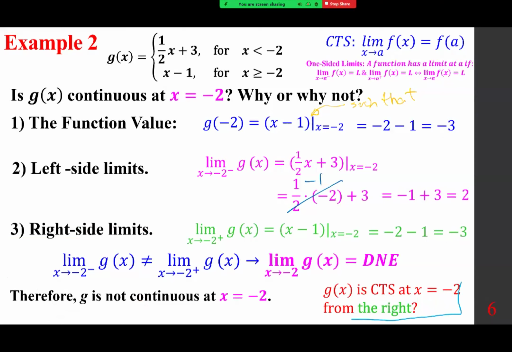The limit of g of x as x approaches -2 from the right equals g of -2 equals -3. So the terminology: is the function continuous at -2? Absolutely not. But we say it's continuous at x equals -2 from the right. That's something to know.